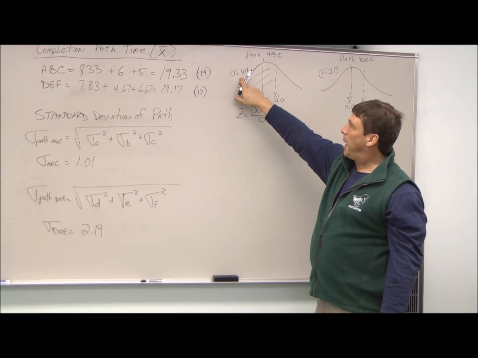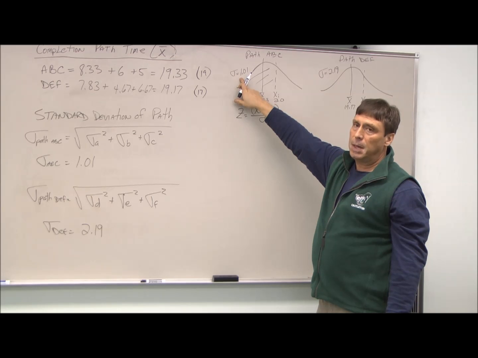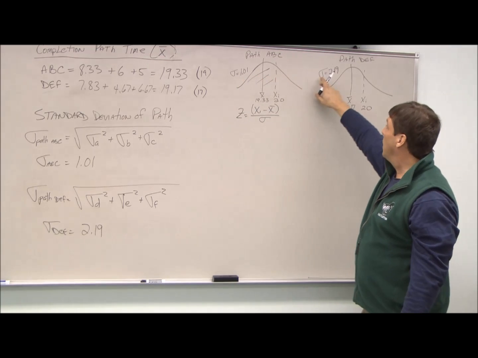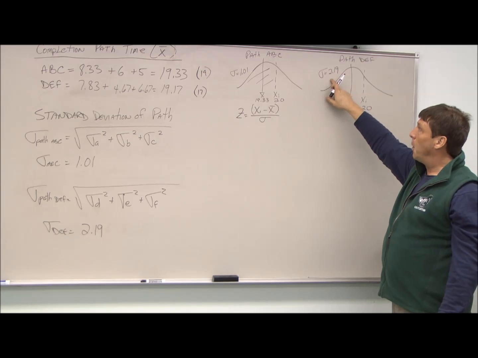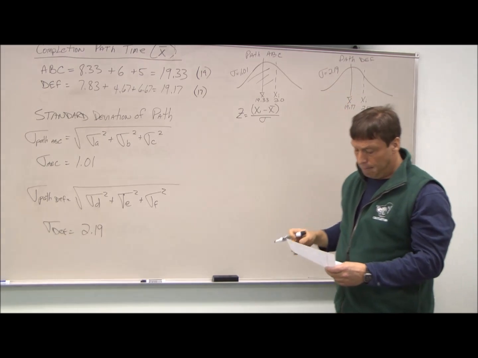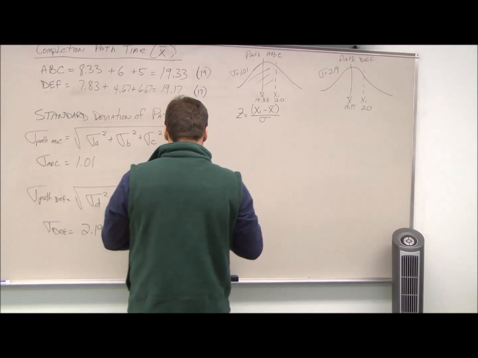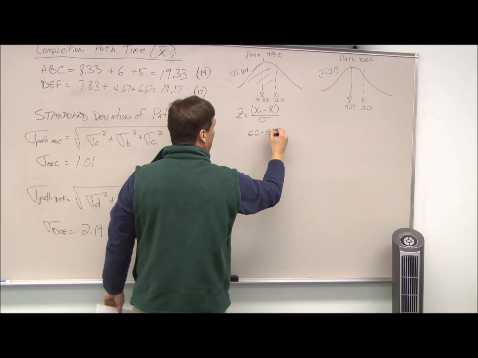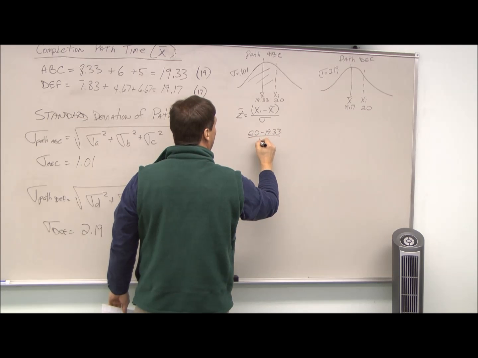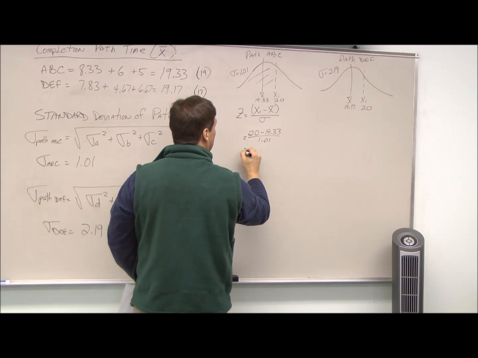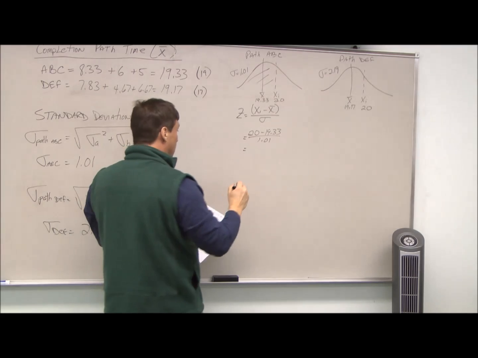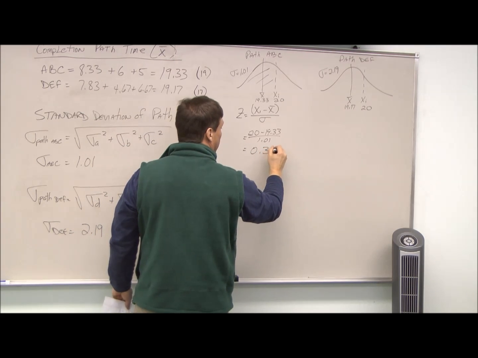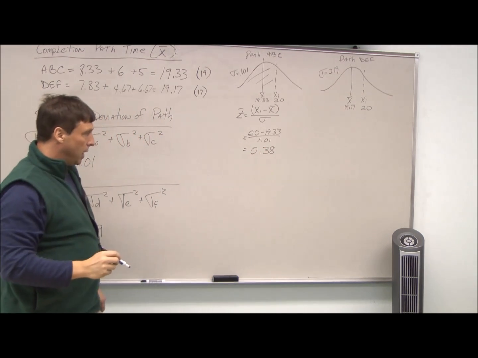We calculated the path standard deviation for ABC at 1.01 and DEF at 2.19. So if we go through, this would be 20 minus 19.33 divided by our 1.01, which would give us a Z-score of 0.38.